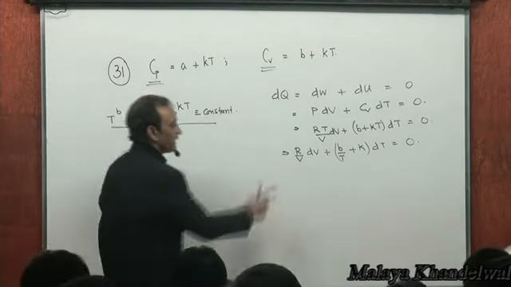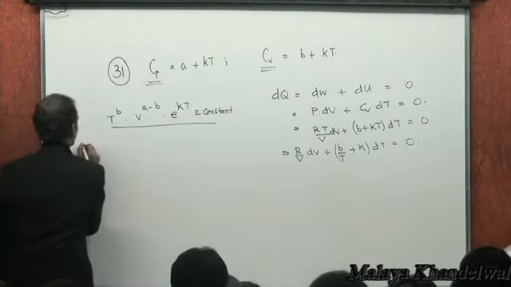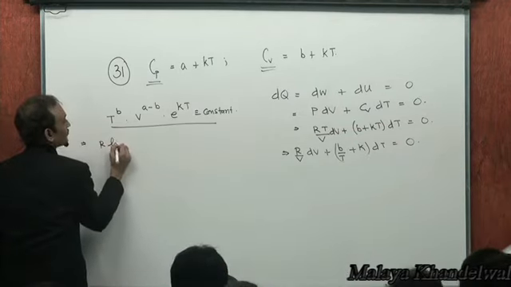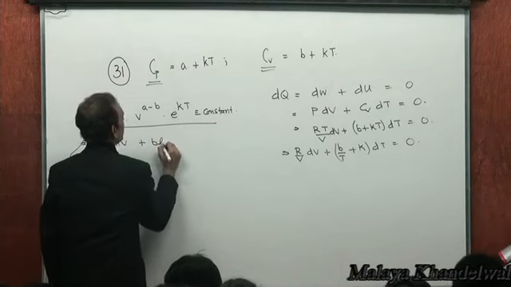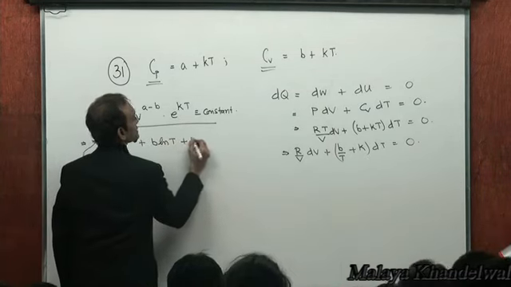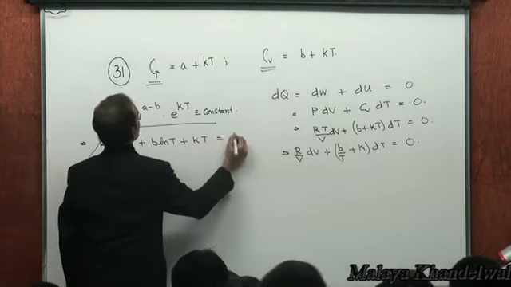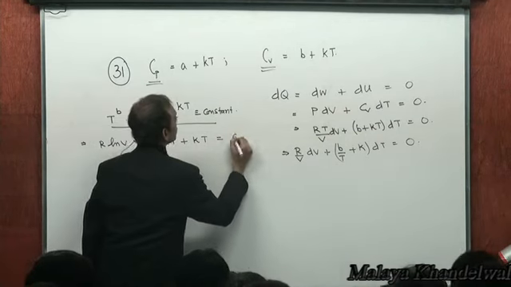Right? Integrate both sides. R log V plus B log T plus Kt must be a constant of integration.